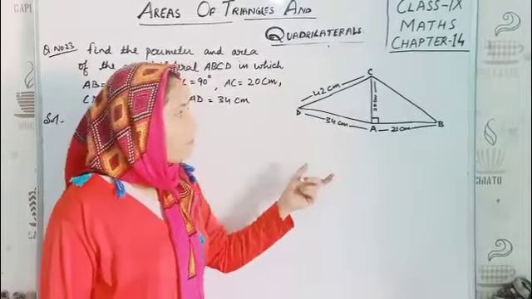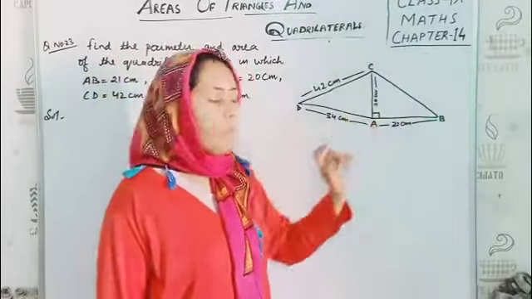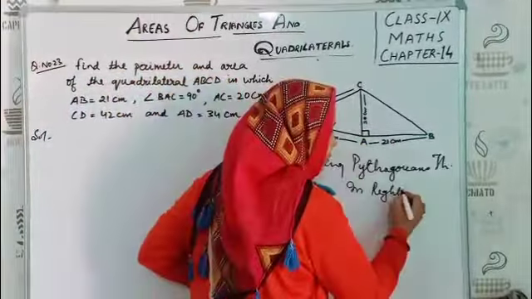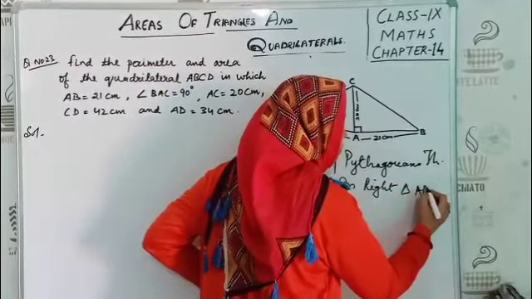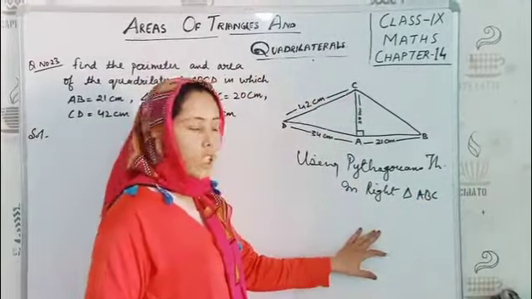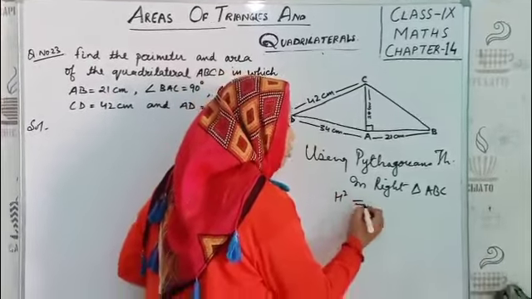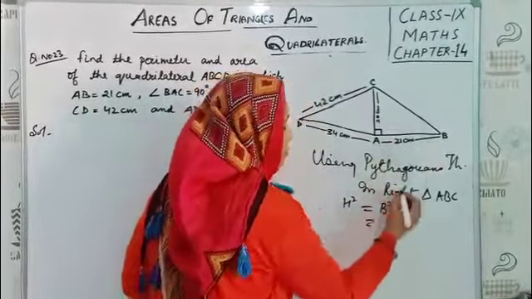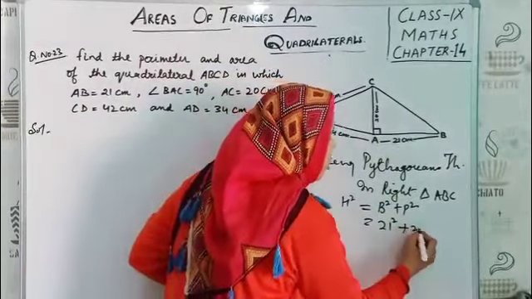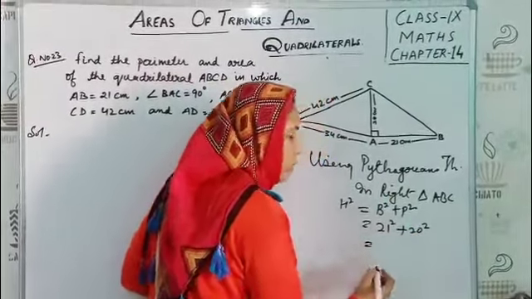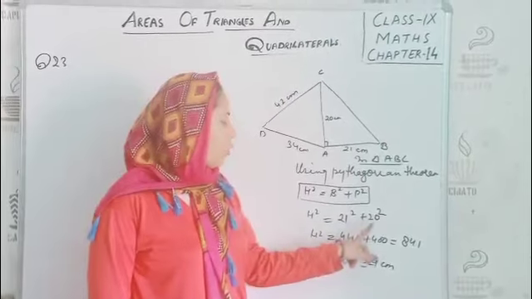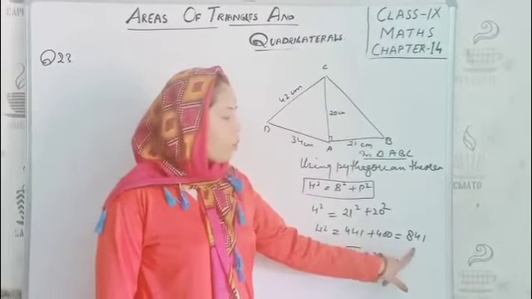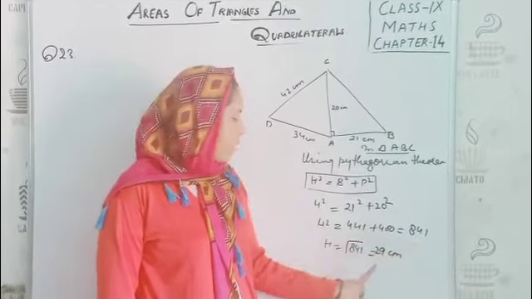Okay, so first of all using Pythagoras theorem, in right triangle ABC, hypotenuse square is equal to base square plus perpendicular square. Base is 21 square plus 20 square. 21 square is 441, 20 square is 400. When you add them, you will get 841.